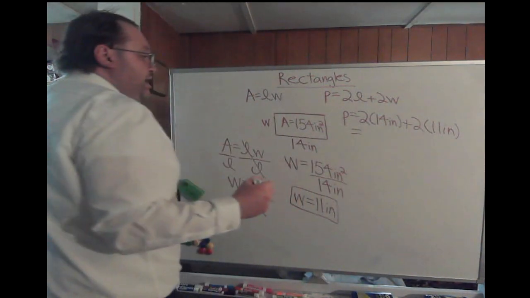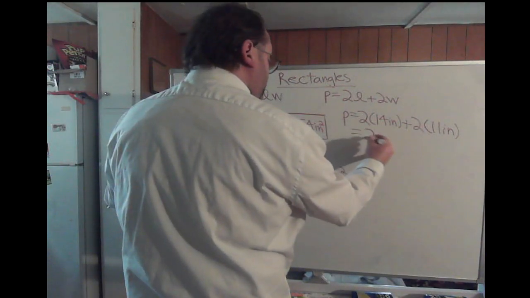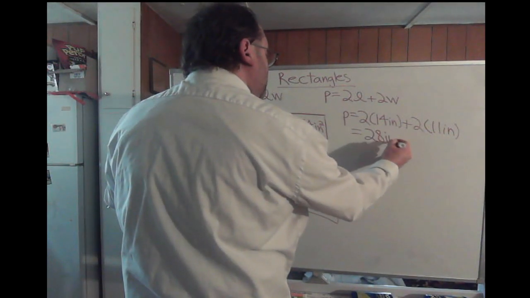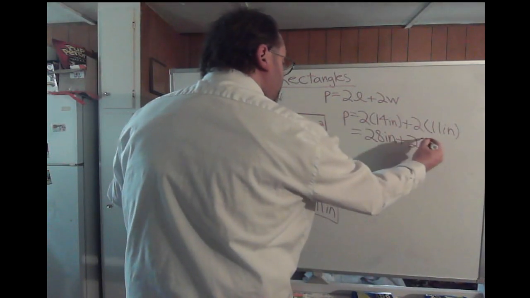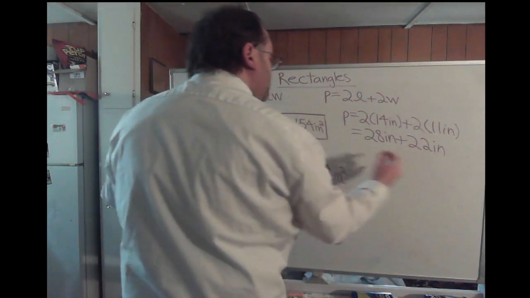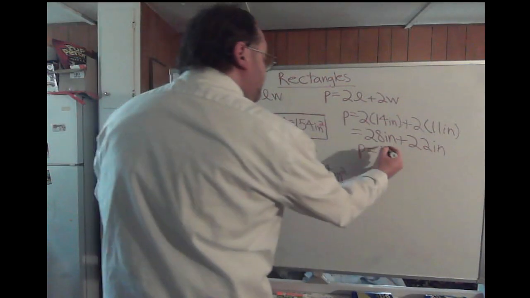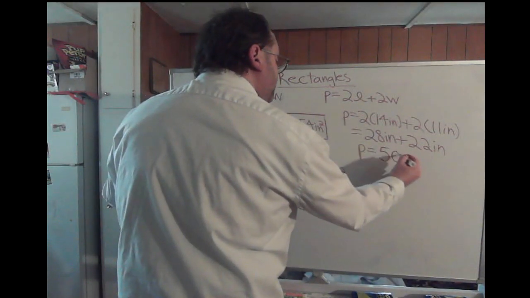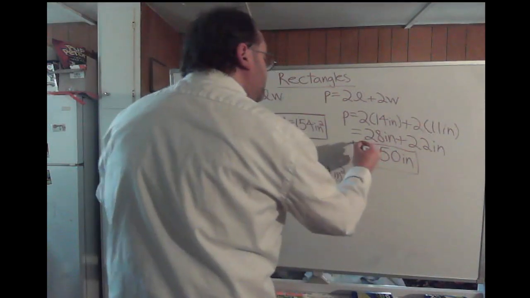Okay, so now we have order of operations, 2 times 14, that's 28 inches, plus 2 times 11 inches, well, that's 22 inches. So the perimeter is equal to 28 plus 22, that'd be 50 inches. So the perimeter of this rectangle is in fact 50 inches.